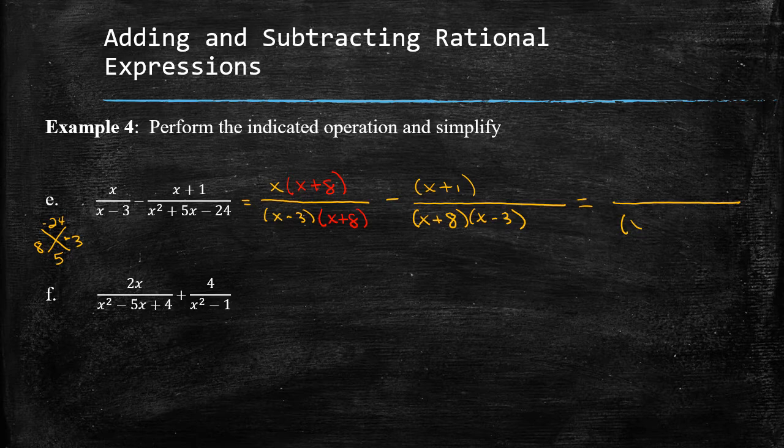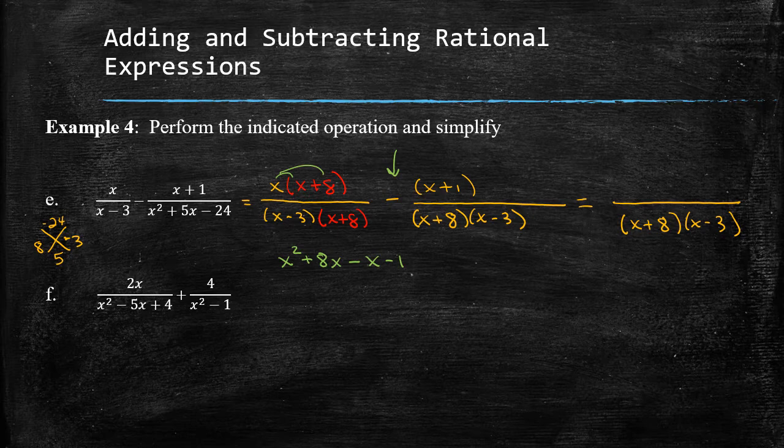So my denominator is x plus 8 times x minus 3. I need to distribute my x, so I'll write that here. I have x squared plus 8x minus x minus 1, right? So remember, this negative gets distributed to both terms in the numerator, so minus x minus 1.